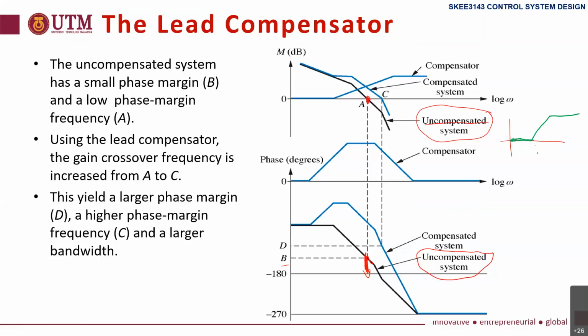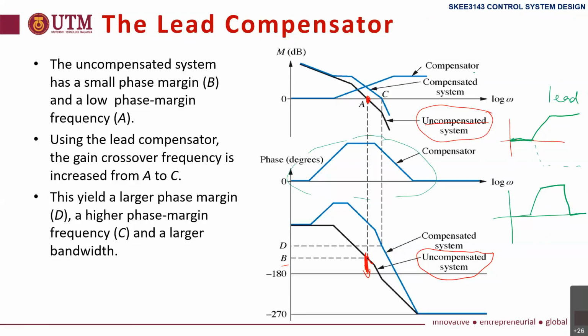Lag goes down like this. This is lead, and the phase is like this. The phase for lead is also going up to 90 degrees here. The lag is lagging, going down.